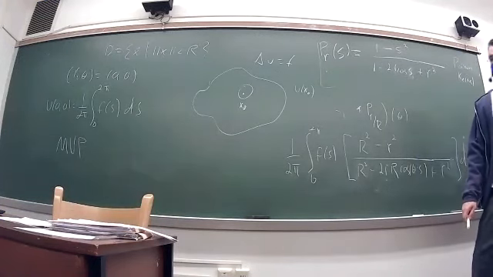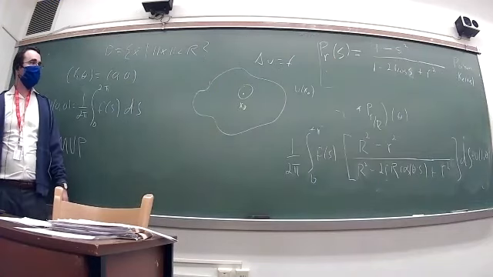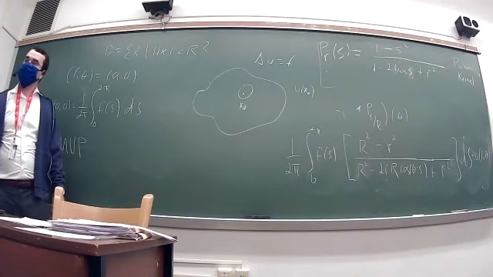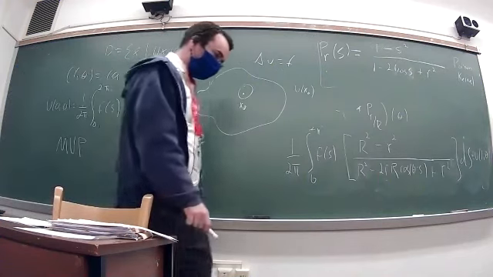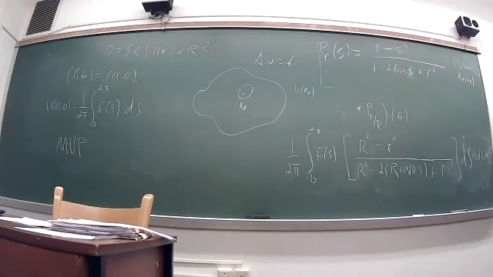I don't know that I have an official definition for the word kernel, but that's usually what it means. Not just an expression that comes up frequently, but an expression that's used to solve a PDE through convolution with your initial data.